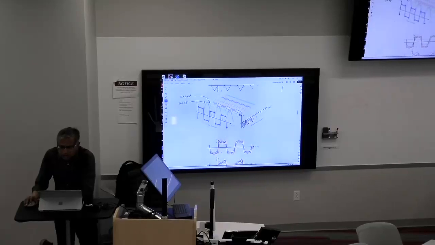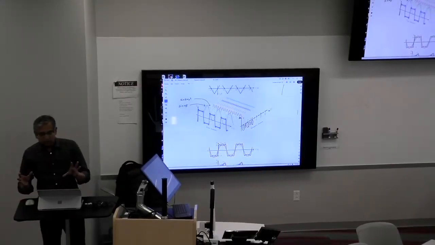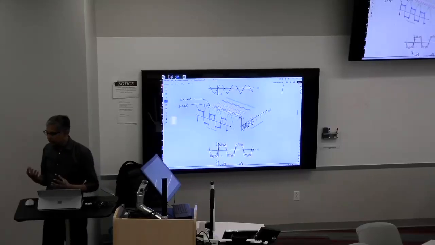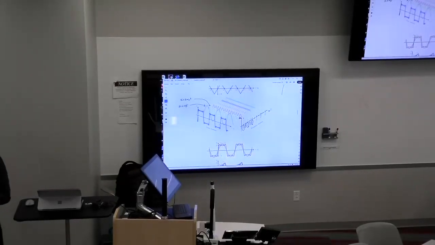Now, since this result is so important, I also like to think of it in 2 different ways. I also like to think of this as the equivalent of light passing through a prism. So imagine you take white light and you pass it through a prism. You see different colors of the light at the output of the prism, right? So what that's telling you is that light is actually composed of different wavelengths.